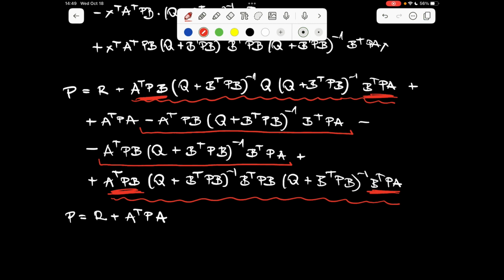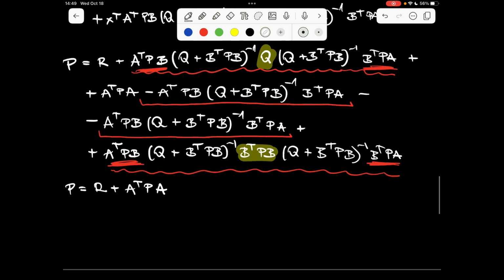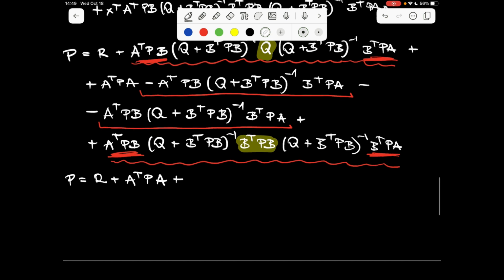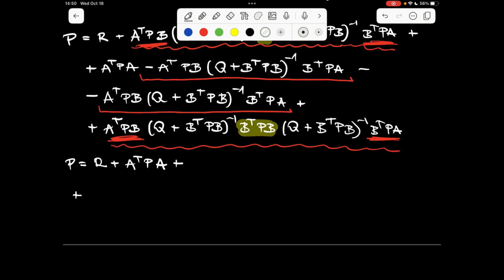And what you should realize is these two parts can be squeezed into one by adding up. So this is what we are going to have.